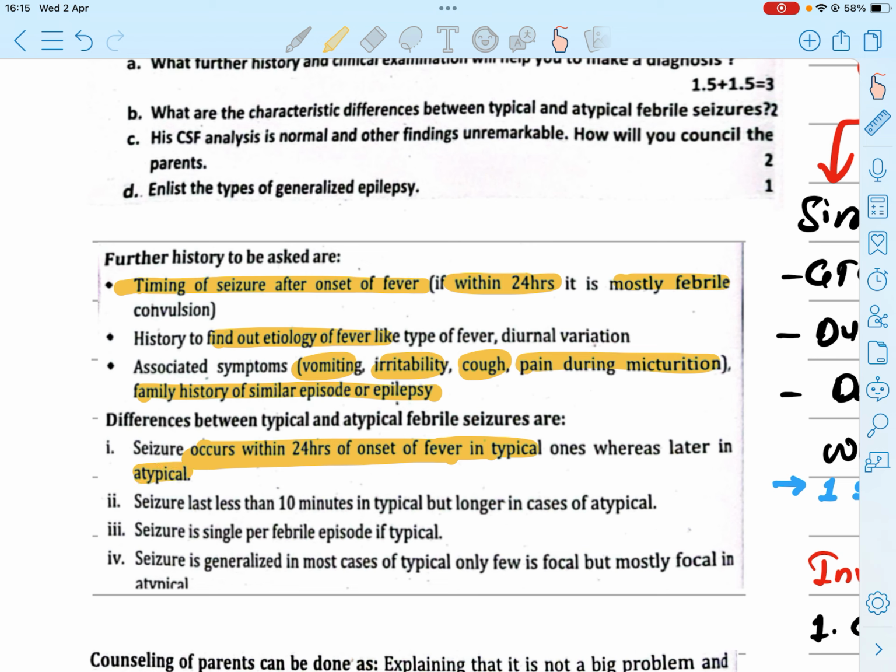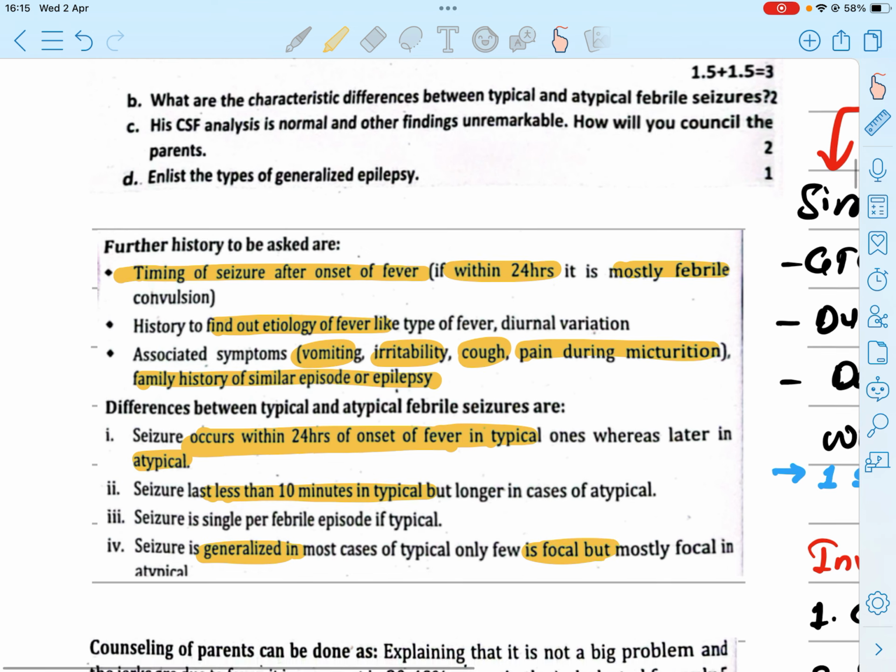If the seizure lasts less than 10 minutes, it is typical, and if it lasts more than 10 minutes, that is atypical. If the seizure is single per febrile episode, that is typical, and multiple is atypical. If the seizure is generalized, that is typical, and if it is focal, that is atypical.